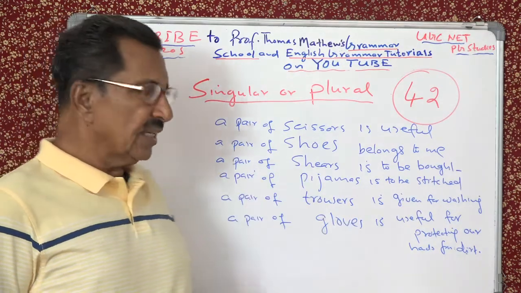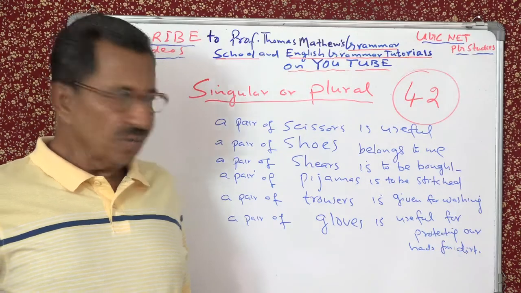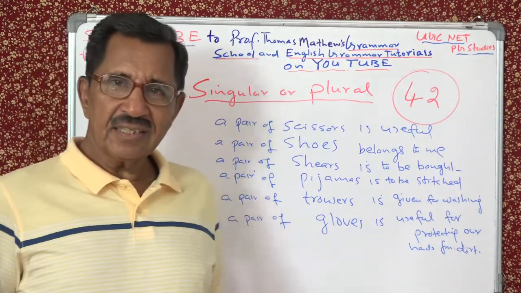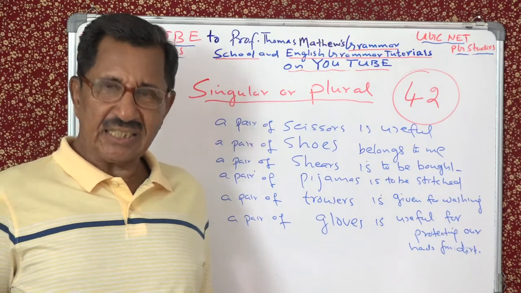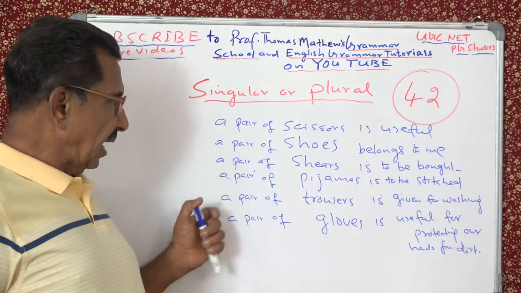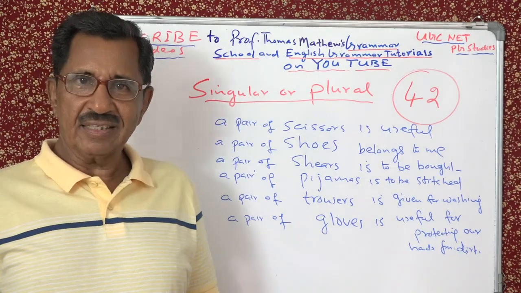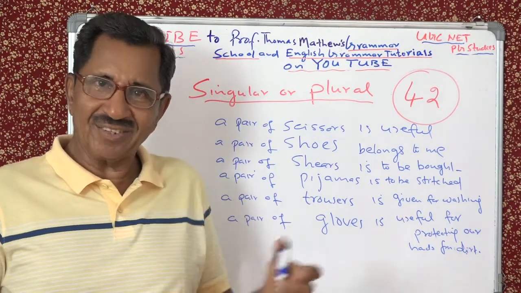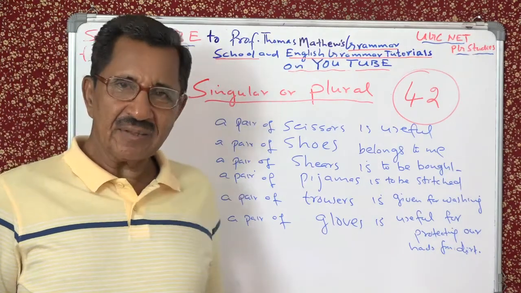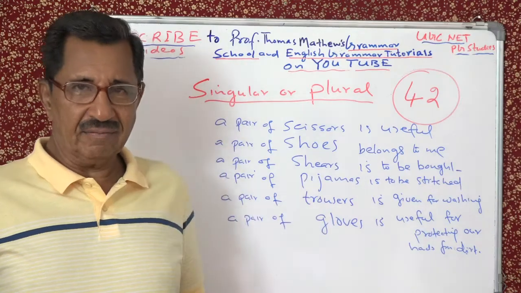A pair of shears is useful. A pair of pajamas is to be stitched or is to be bought. A pair of pajamas has been lost. Somebody has taken away the pajamas, so it is lost. A pair of trousers has to be repaired.